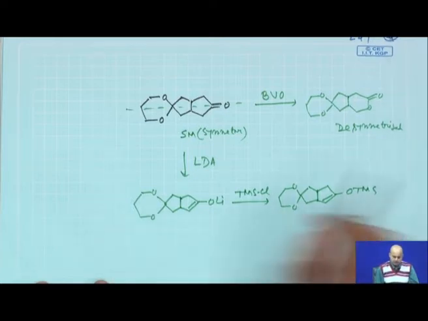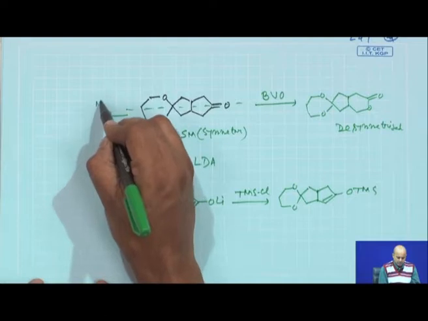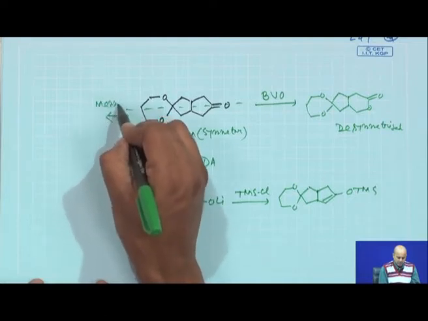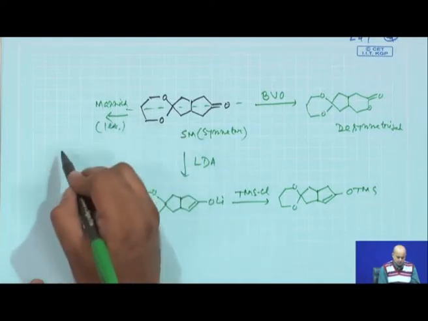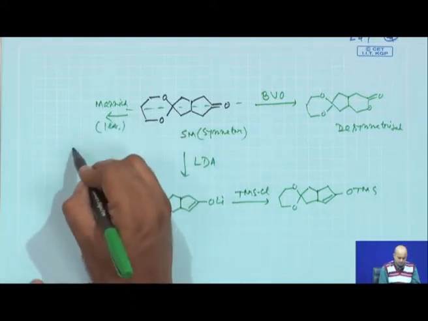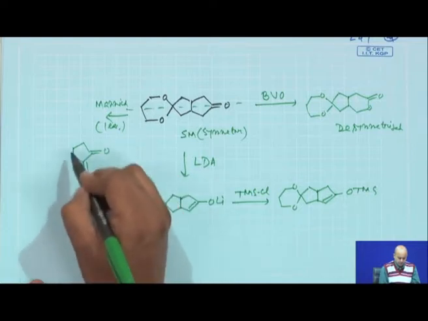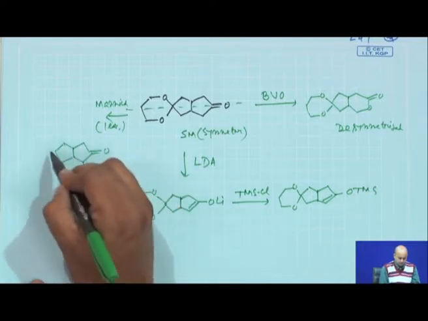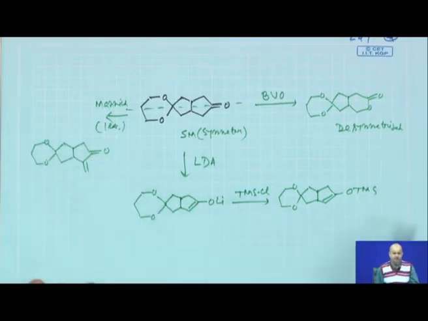Now, let us see whether you can do any other desymmetrization reaction. You think about doing a Mannich type of reaction with one equivalent of reagent. So, then you see you basically get this compound, which is also a desymmetrized reaction.